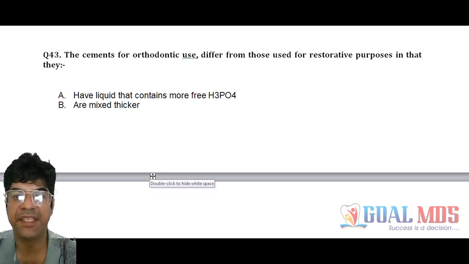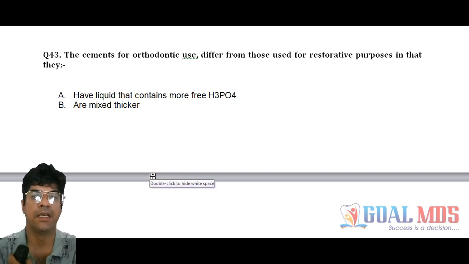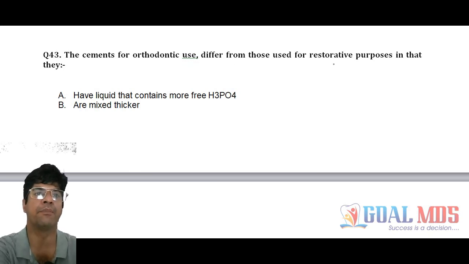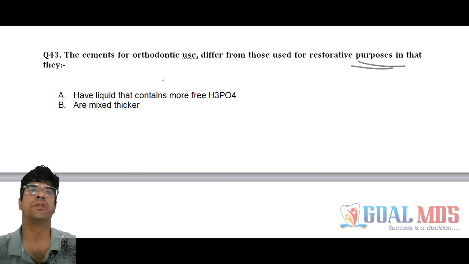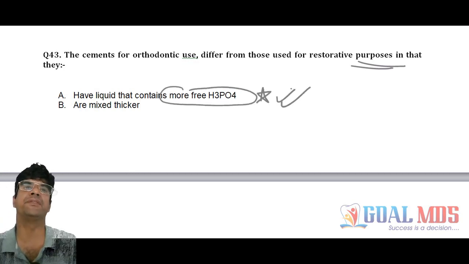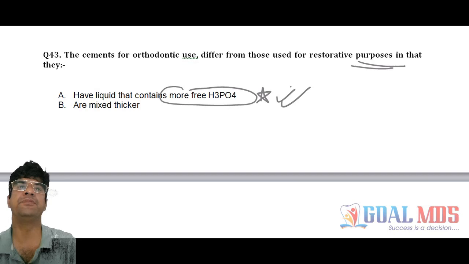This acid is used for etching the enamel surface that aids in retention. That is a critical aspect for orthodontic treatment. So this acid helps create a roughened surface on the enamel for better bonding. So the cement for orthodontic use differs from those for restorative purpose in that the liquid contains more free phosphoric acid.